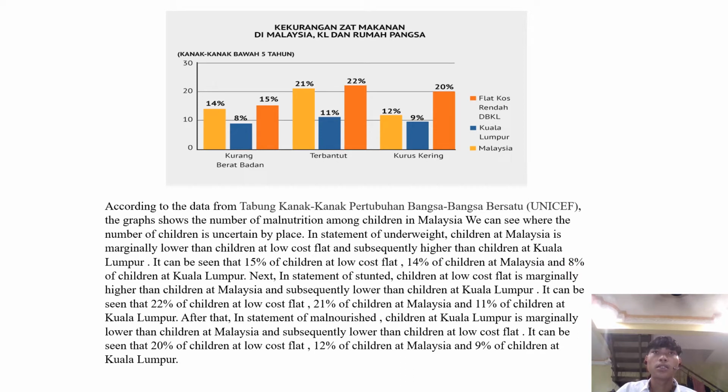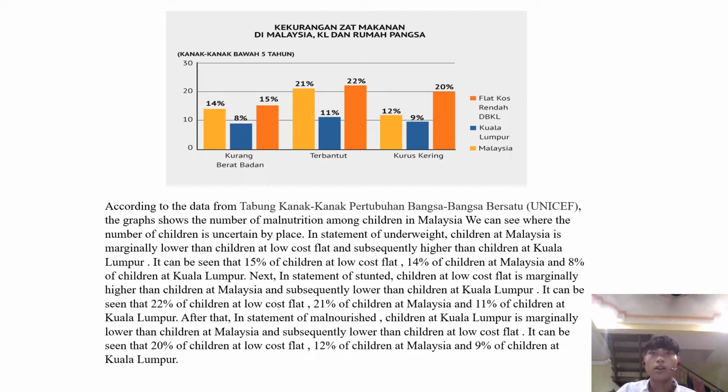Next, this is a graph for the malnutrition among children in low-cost flats, Kuala Lumpur, and Malaysia. According to data from Tabung Kanak-Kanak Pertubuhan Bangsa-Bangsa Bersatu UNICEF, the graph shows the number of malnutrition among children in Malaysia. As we can see, the number of children varies by place.